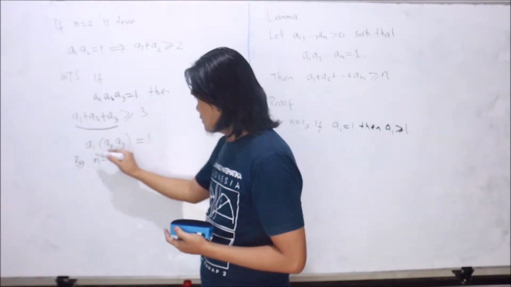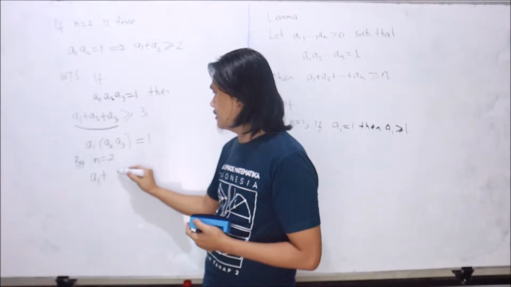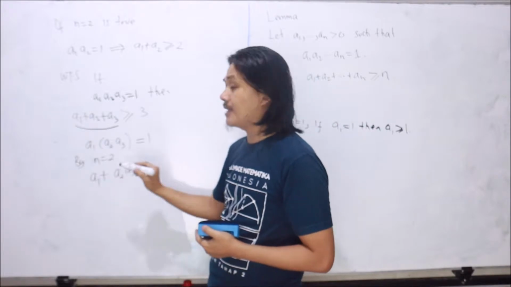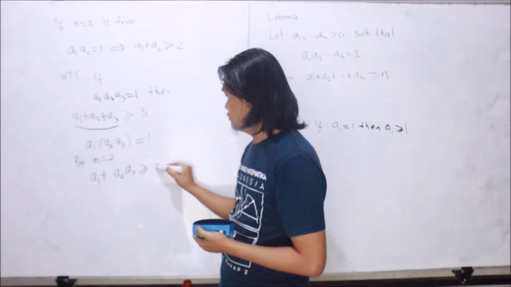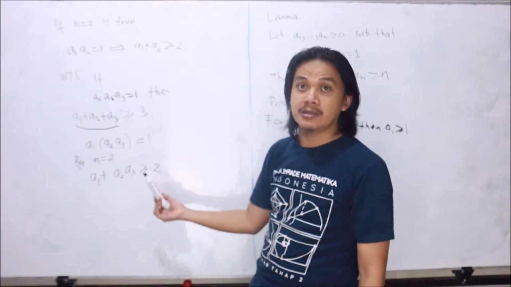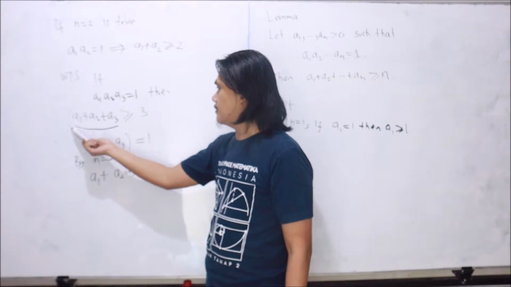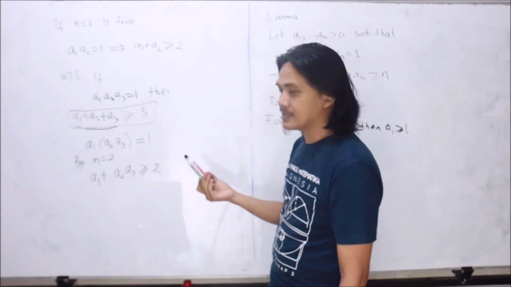So from this statement, we can infer that a1 plus a2 times a3 is greater or equal to 2. But this is not what we want to prove. So how do we get around this?